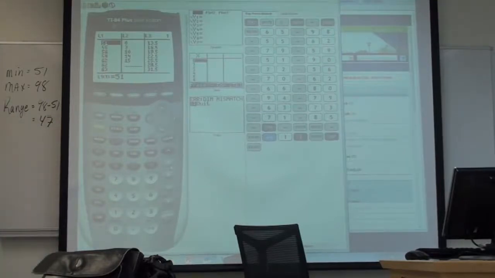So we have a rule now. We're saying that we need to cover 47 numbers. So we want to know how many classes to put it in. What's our n value here? How many terms do we have? N is equal to 20. So the rule, and I want to use quotations around the word rule, it's a guideline.